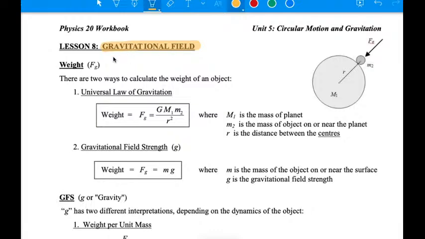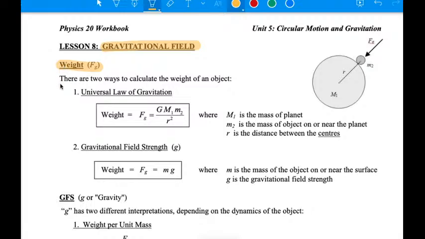So our first important part to get this idea of gravitational fields all worked out in our heads is how what we've already been calling force of gravity, or weight, is related to this idea of a field. Weight we've been talking about for quite some time now. We've talked about forces of gravity ever since Unit 3, and we brought in this idea of weight versus normal force as well.